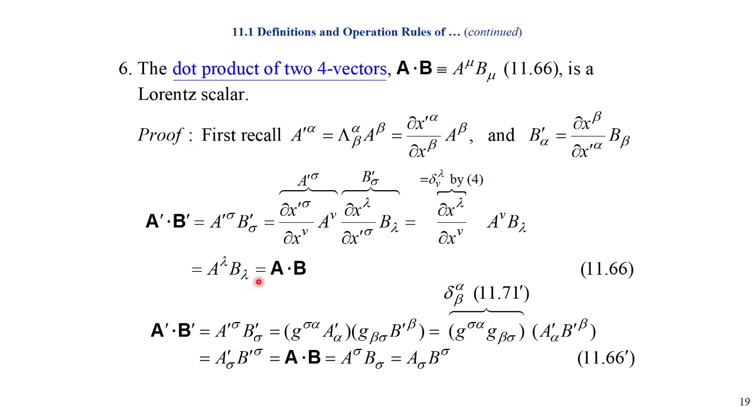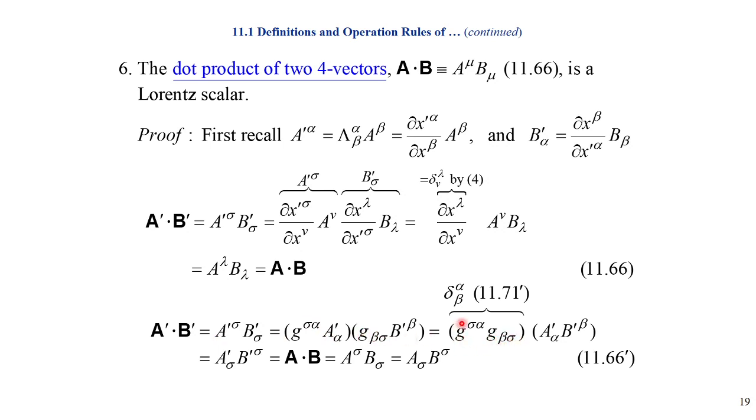And we have other expressions. For example, this one is the same. And you can lower the index using the metric or the norm tensor. You can lower the index, raise the index, using the norm tensor.